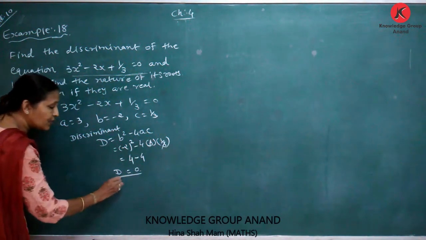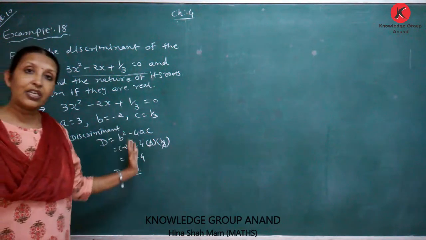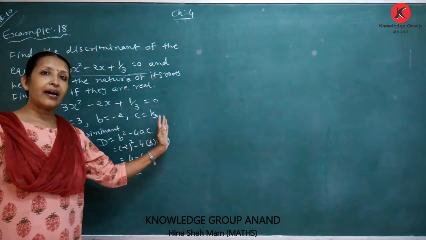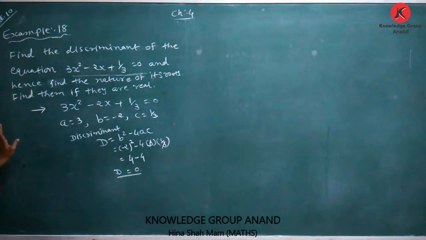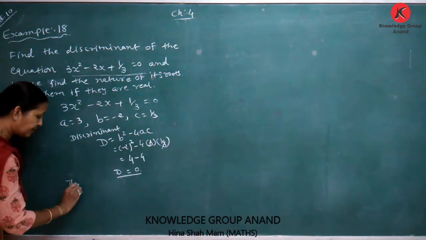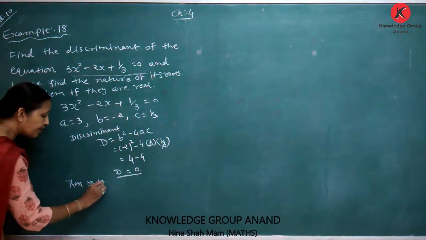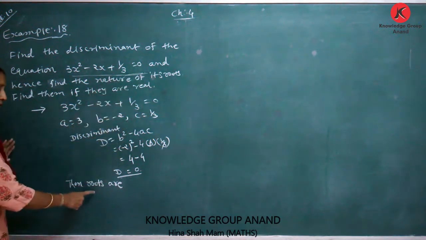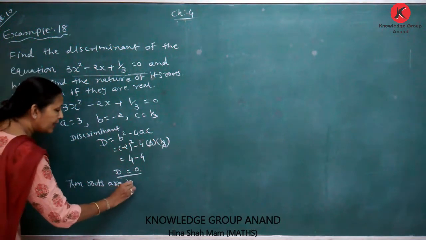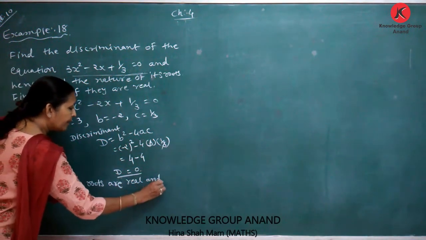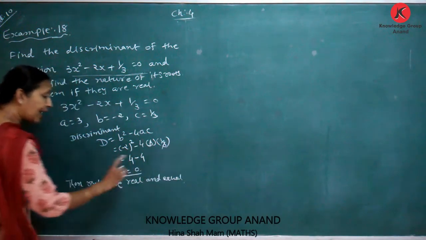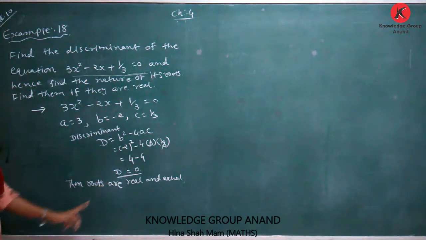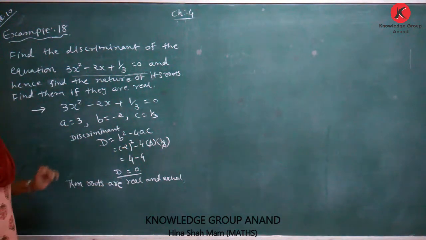If the discriminant is equal to 0, our condition D = 0, then the roots are real and equal. Why real and equal? D = 0, then roots are real and equal.